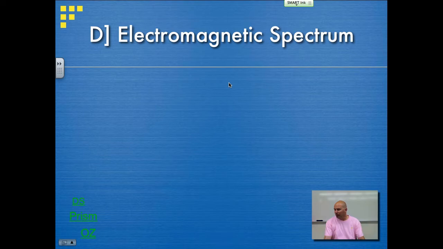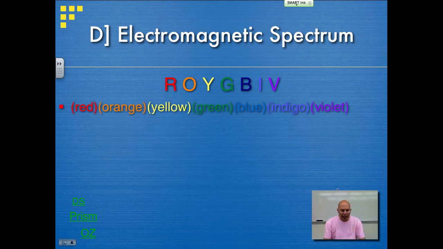Now, you all know the colors of the rainbow, right? Roy G. Biv. Red, orange, yellow, green, blue, indigo, violet. All right, Roy G. Biv.